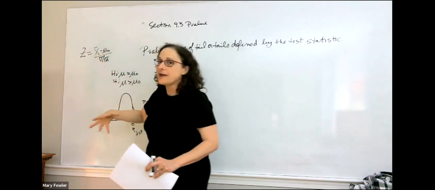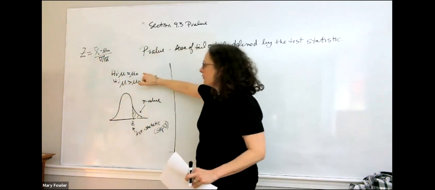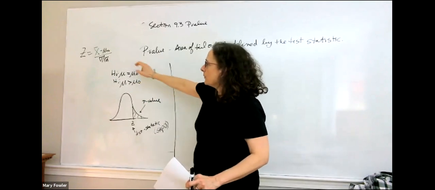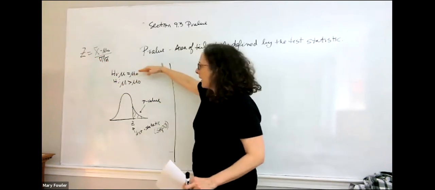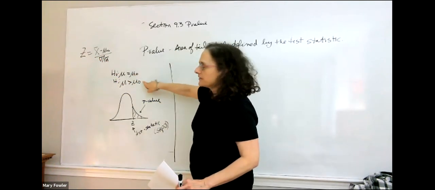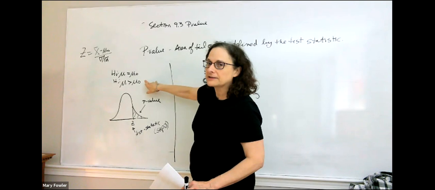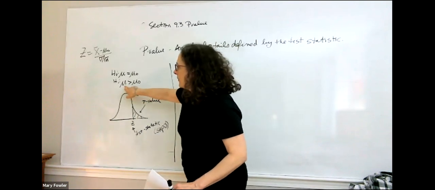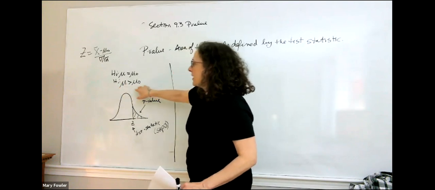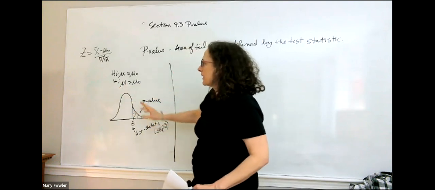So if the null hypothesis were true, then what we would expect is that these are going to be close. And if the null hypothesis is false, in fact, the true value of the mean is greater, right? So we're looking in this direction.